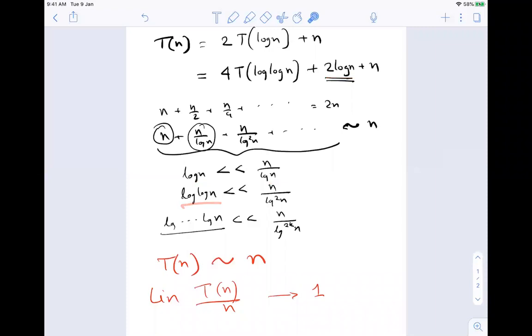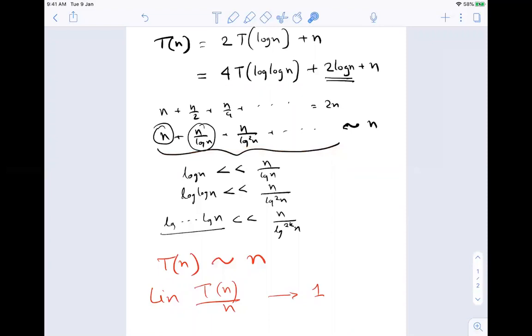Log n is a way smaller term than n by log square n. The log n is way smaller than n by log n whole to the power k. So individual term wise, this summation is a smaller summation than this summation, right?